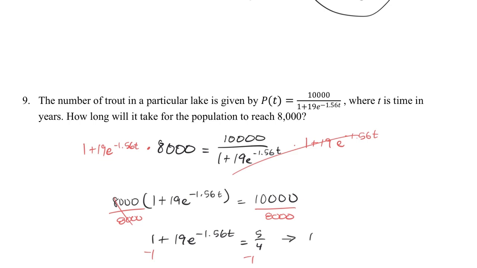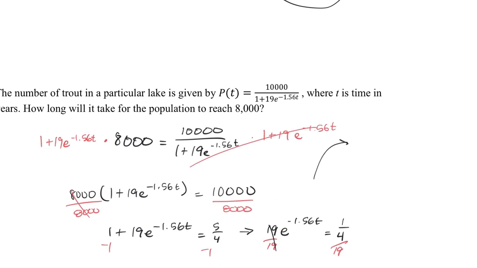So this is 19e to the negative 1.56t equals 1/4. Now divide by 19. So this is e to the negative 1.56t is equal to 1/76.